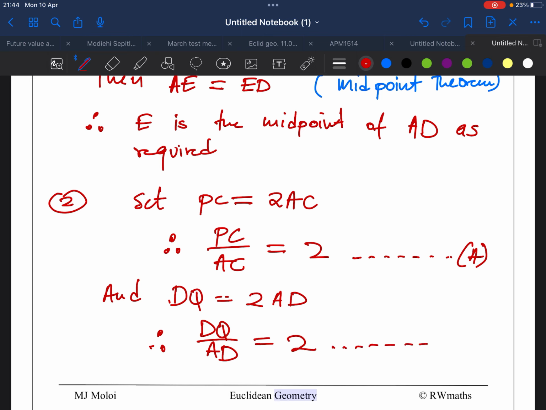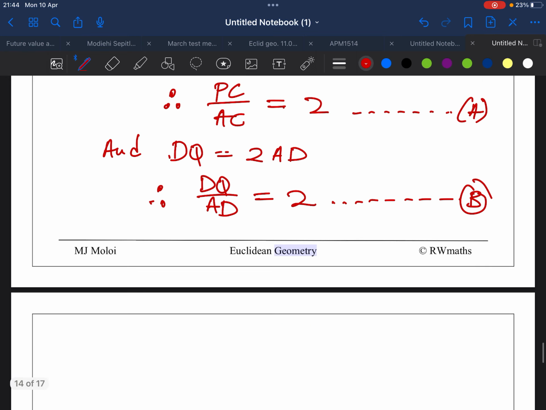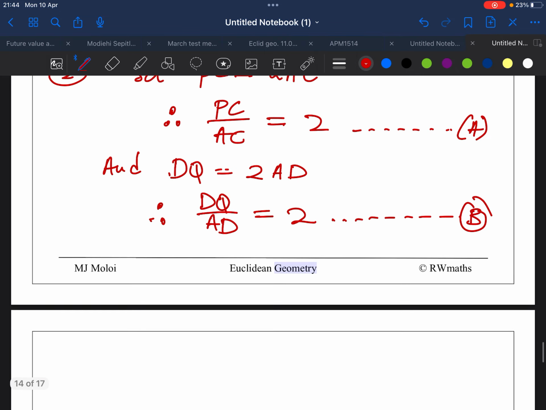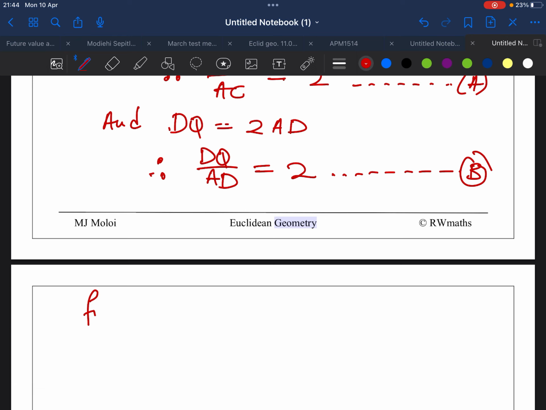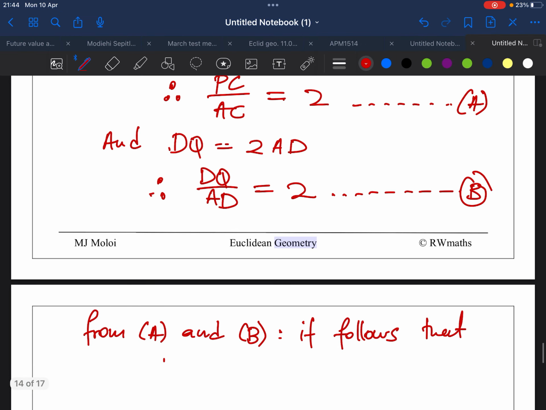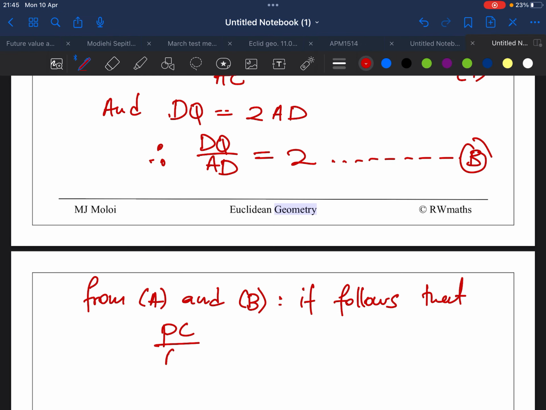So let us name this B. From A and B, it follows that PC over AC is equal to DQ over AD, which is equivalent to 2.